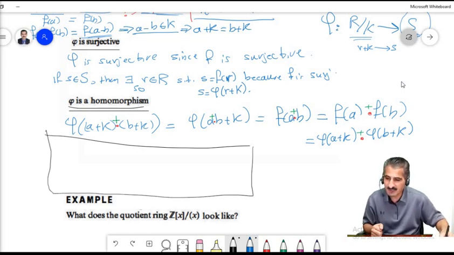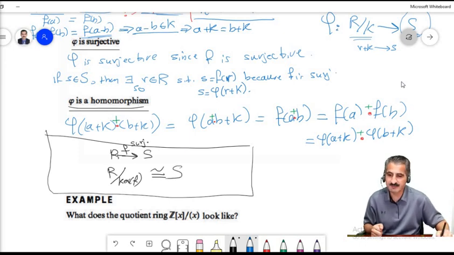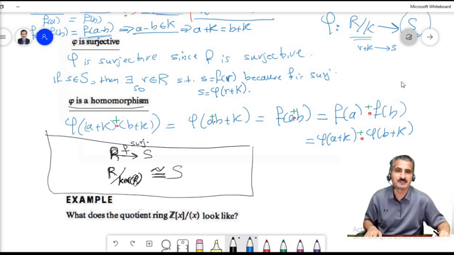Now if we have f going from ring to ring, which is surjective, take the domain over the kernel of f and that gives you a factor ring, it will be the same as S. So take the domain and factor it by the kernel of that surjective homomorphism, and that gives you S.